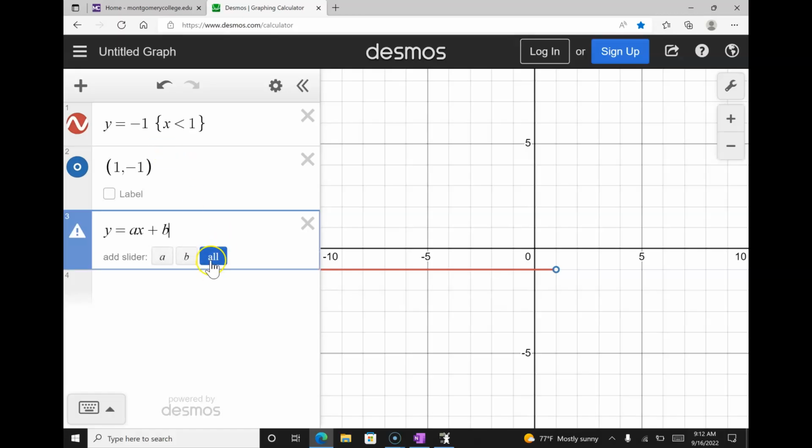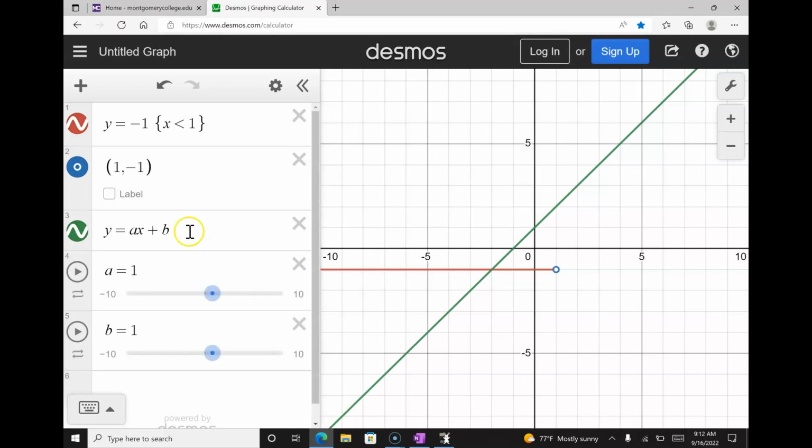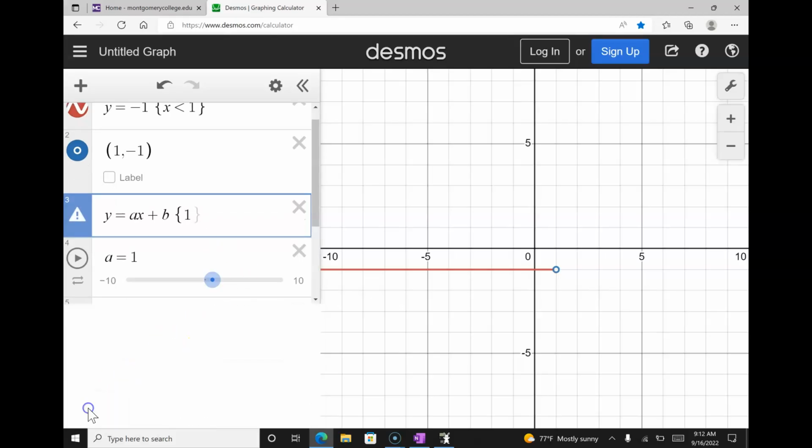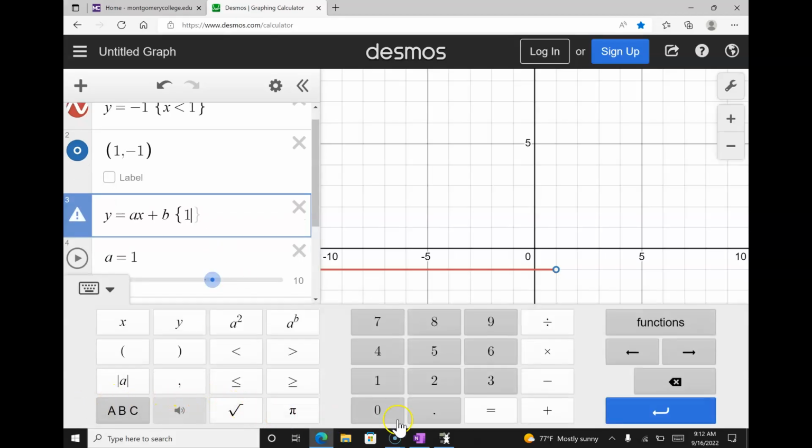And we're adding those as sliders, but we want to restrict that value between 1 less than or equal to x less than or equal to 3.